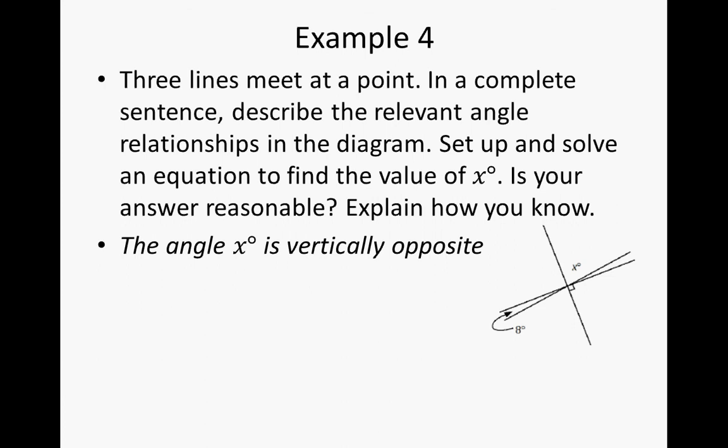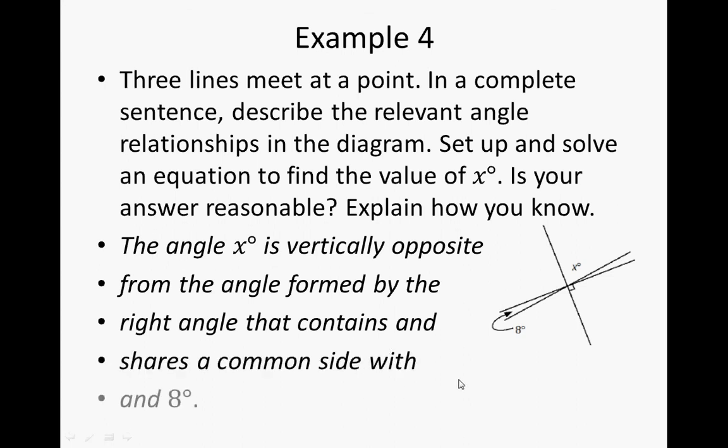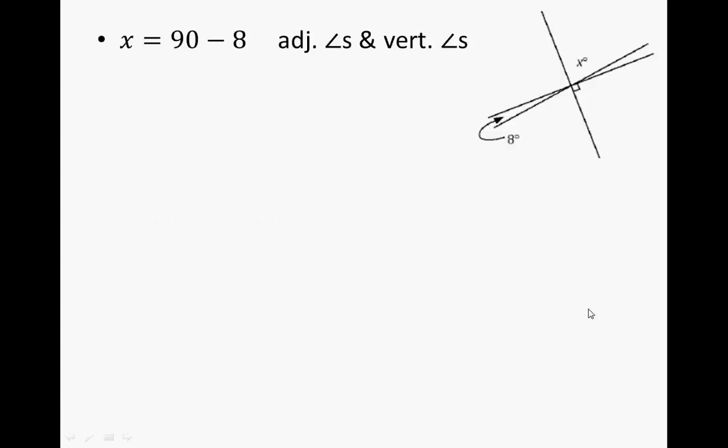Well, the angle x is vertically opposite from the angle formed by the right angle that contains and shares a common side with 8 degrees, which is right here. Notice how this is 90 degrees and we have an angle that is adjacent to it. So that means x can be 90 minus 8 because adjacent angles, and they're also vertical angles.